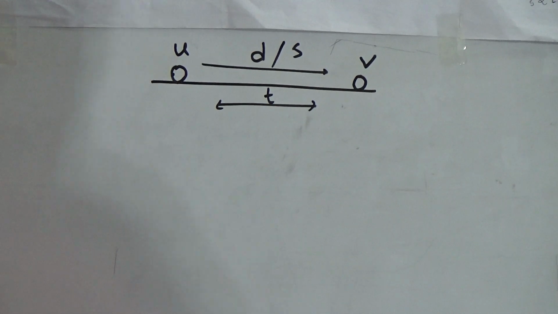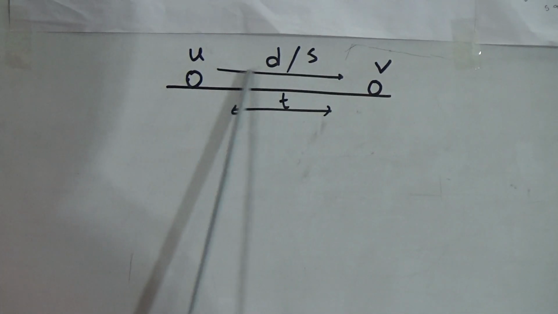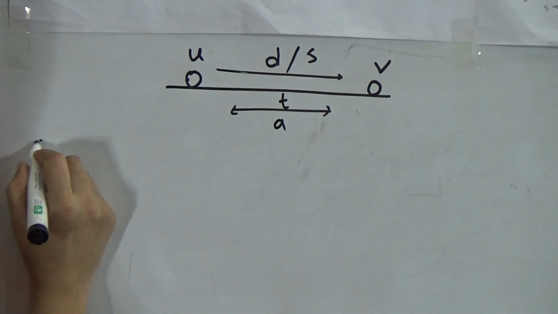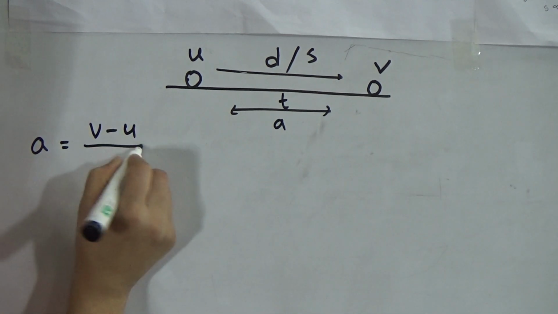That means here a is acceleration, and we get a equals (v minus u) divided by t.